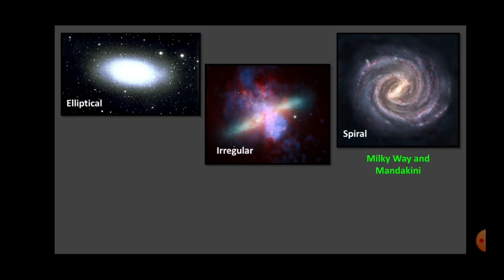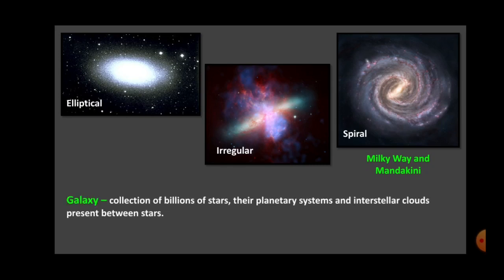Our galaxy is a spiral galaxy and it is called the Milky Way and Mandakini. This is the name given to the spiral galaxy in which our solar system is present. So, the Milky Way, Mandakini, is where we are present.